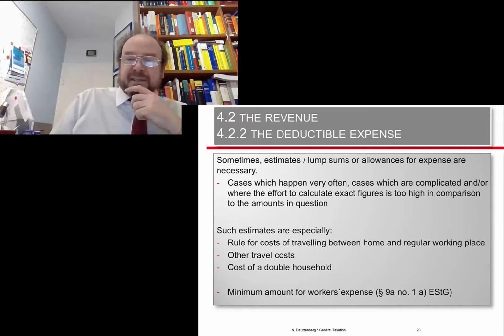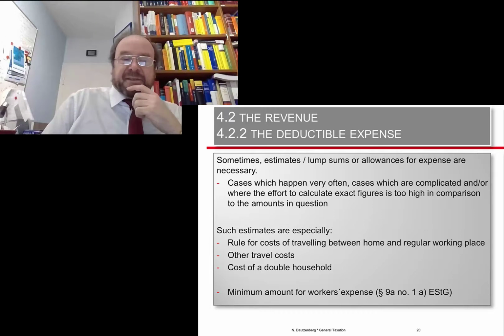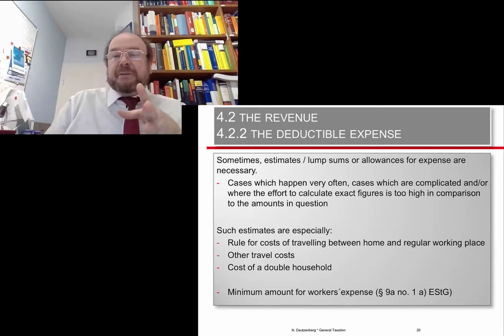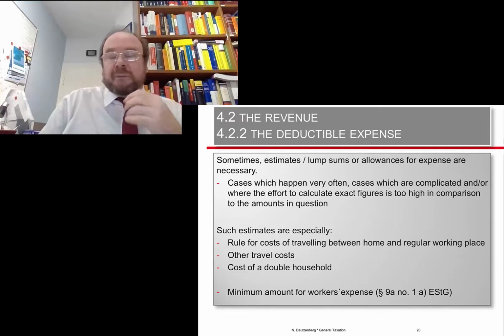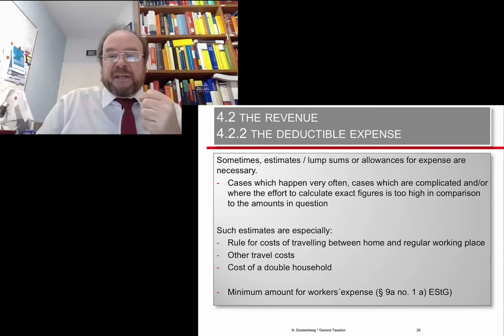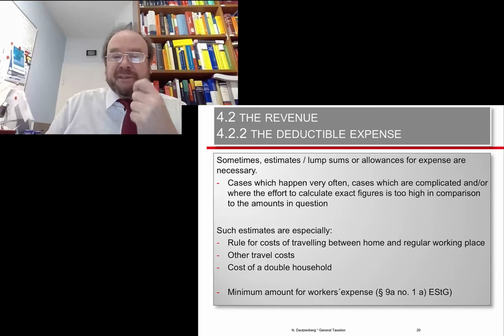Sometimes you need some simplifications because the situation is hard to judge, or it's difficult to calculate the exact amounts of what you needed or what you spent for income-related purposes.